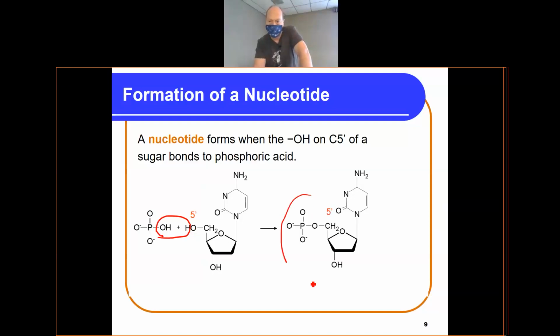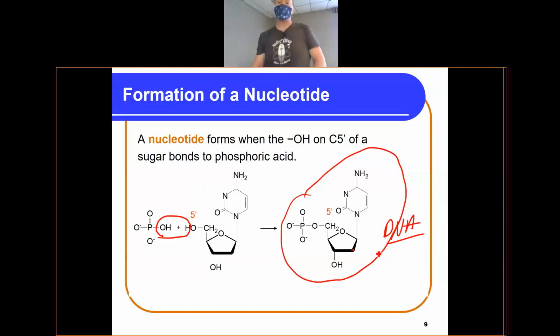So this is your monomer, and this is not showing an OH at the C2, so this is a monomer of DNA.